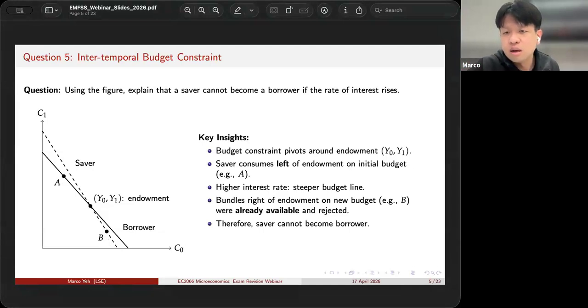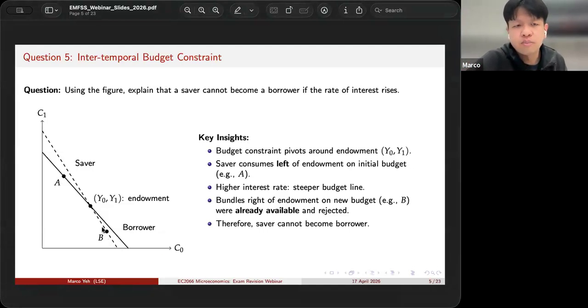So what will be the conclusion at this moment? You prefer B rather than any bundle inside this budget set, bounded by the dashed line. Okay. Now you have a contradiction.